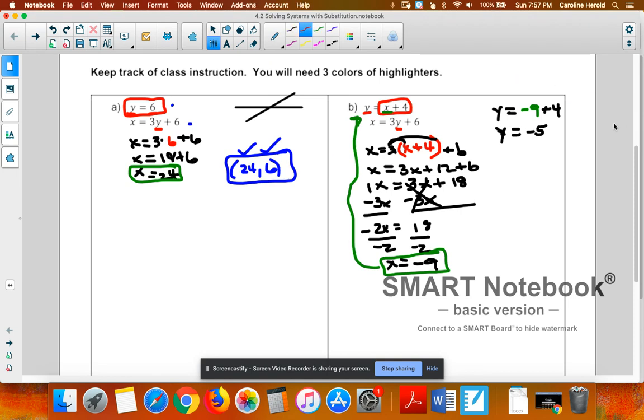So that's pretty cool. We just figured out the coordinate pair when x is negative 9 and y is negative 5. These two equations are equivalent, which means they're both solutions to the equations, and that must be the point of intersection, negative 9, negative 5.